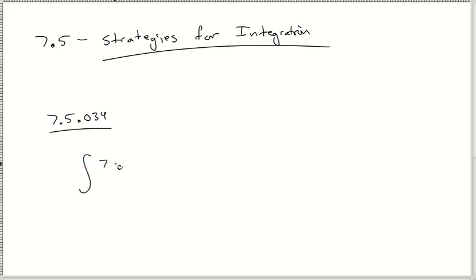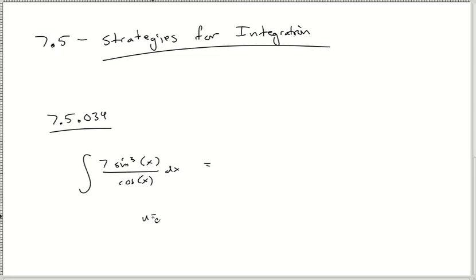So I got the integral of 7 sine cubed of x all over cosine x dx. Go! Well, one thought about this is this cosine down here is not very friendly.